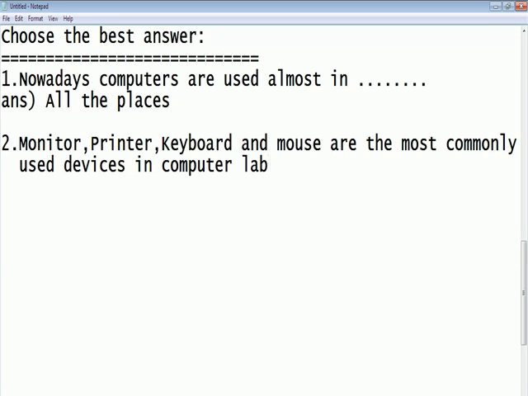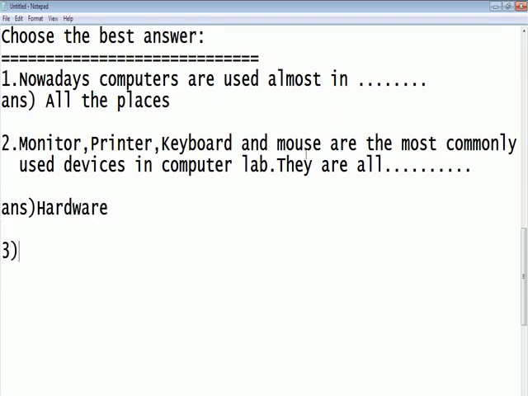They are all dash. So the answer is, they are all hardware. The right answer.